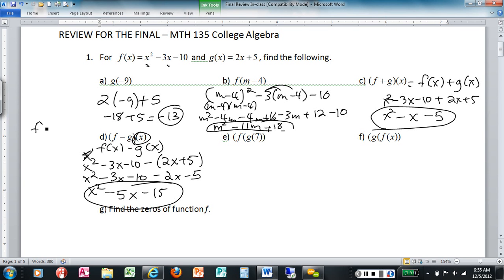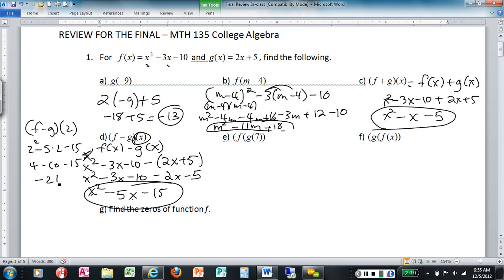I could do f minus g of an input value like 2. And so what that would mean is just plug in 2 in place of x here. So that would be 2 squared minus 5 times 2 minus 15. It's just the function notation. 4 minus 10 minus 15, which would be negative 21.